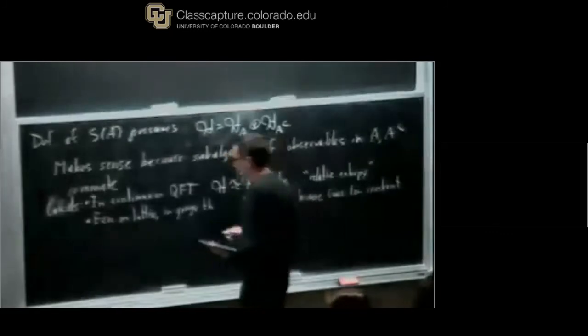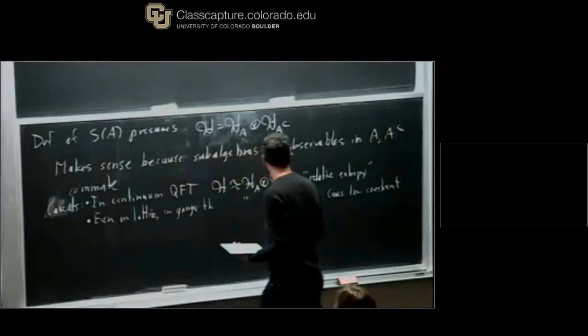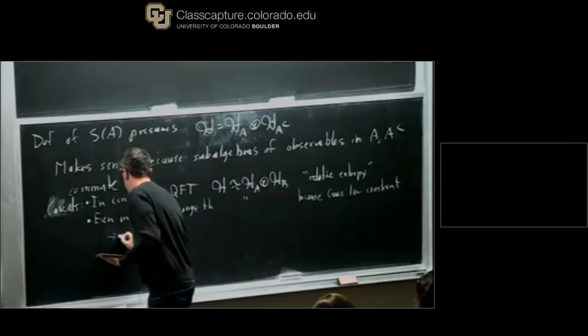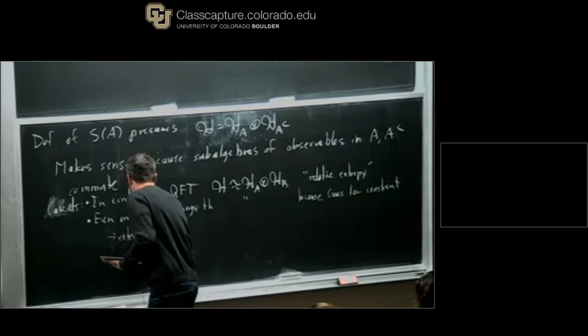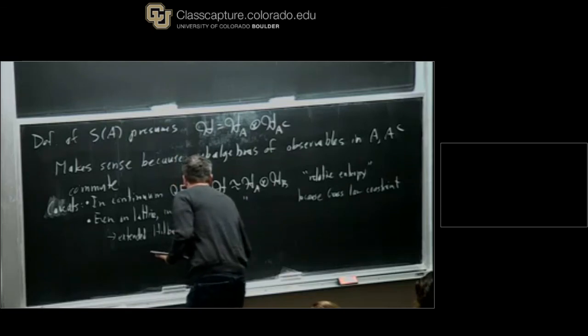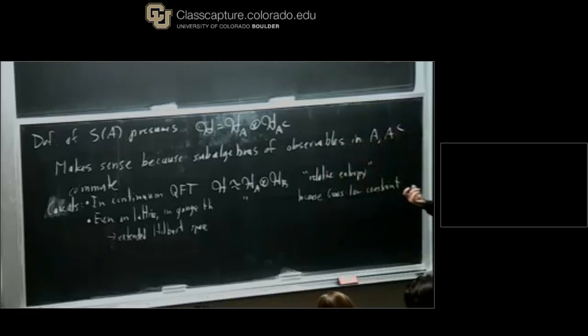This can be dealt with in various more and less careful ways, but the easiest way to deal with it is to pass to an extended Hilbert space where you just relax. So it's a larger Hilbert space where it does factorize, and you just relax the Gauss law constraint.